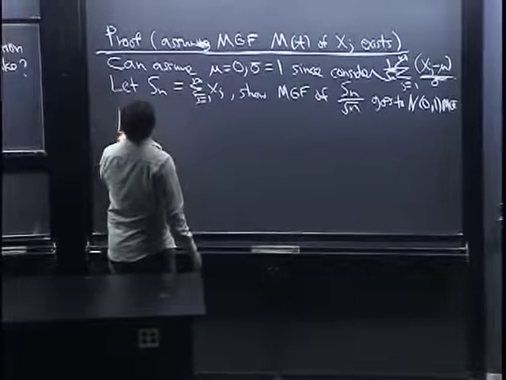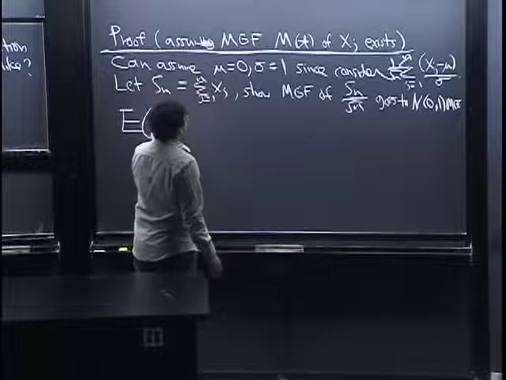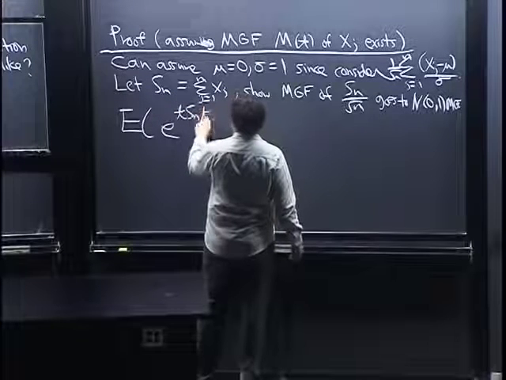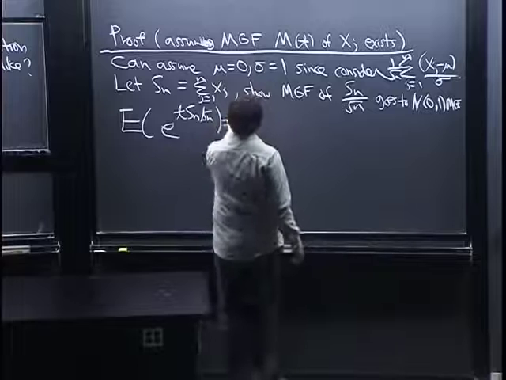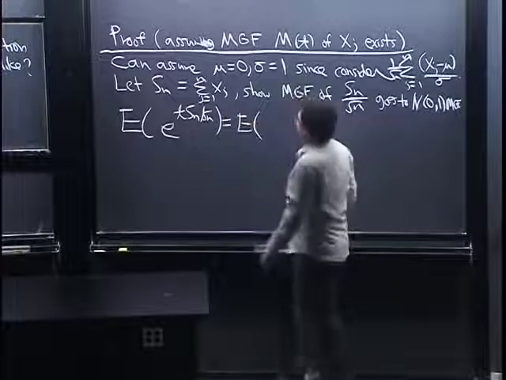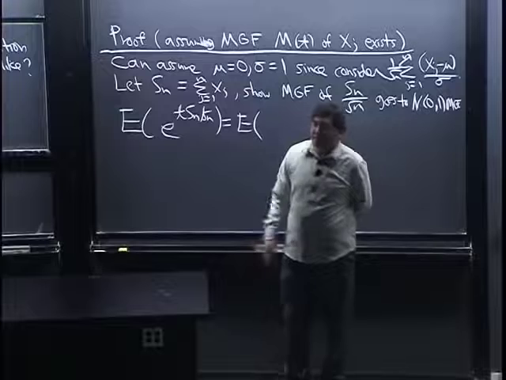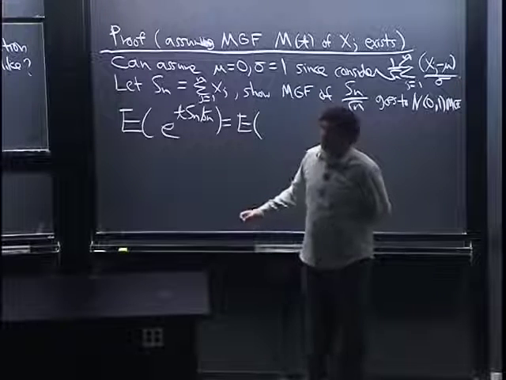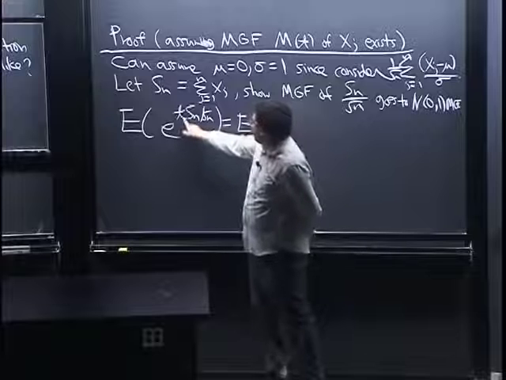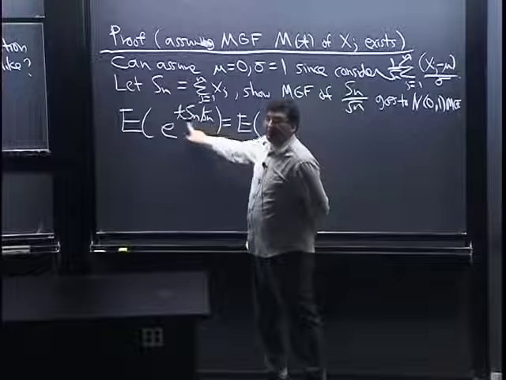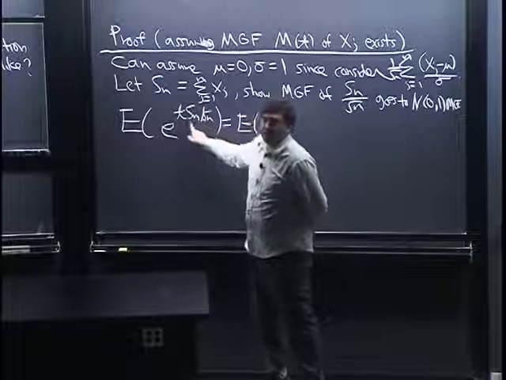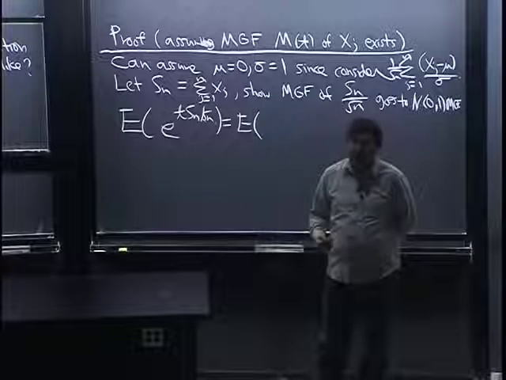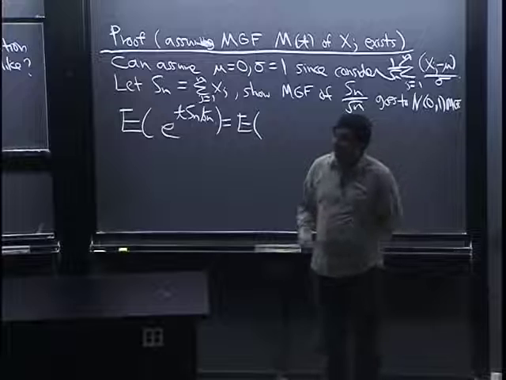So by definition, that's the expected value of e to the t times Sn over root n. And Sn is just the sum. And we're assuming independence, which means you can write this as e to the t x1 over root n, e to the t x2 over root n, and so on. All of those factors are independent, therefore they're uncorrelated.